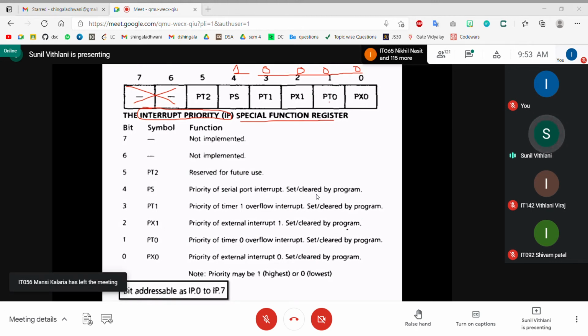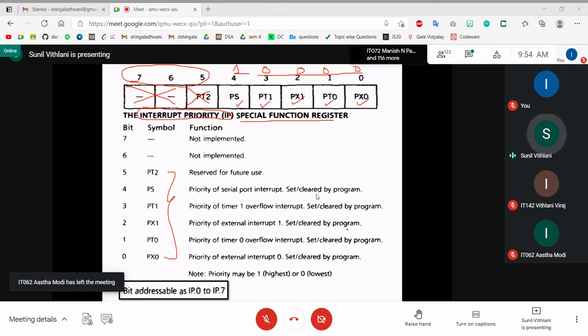So let's say this is for external interrupt 0, this is for external interrupt 1, this is for timer 0, this is for timer 1, and this is for the serial communication interrupt. And this is also not in use. So we are not using these 3 bits, and the remaining 5 bits will be used for the respective interrupts. उसकी priority है उसको set करनी है.